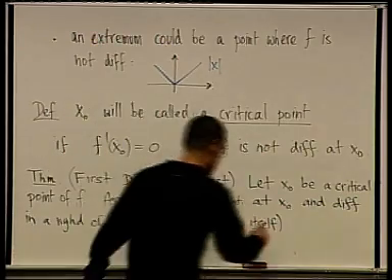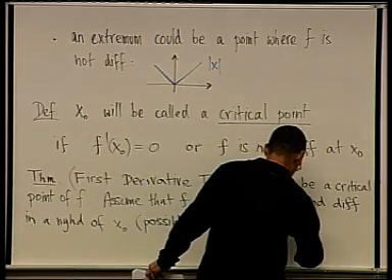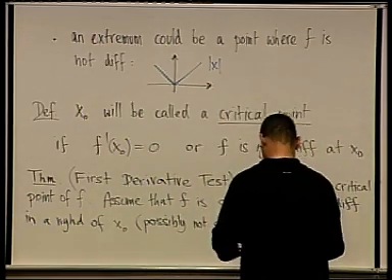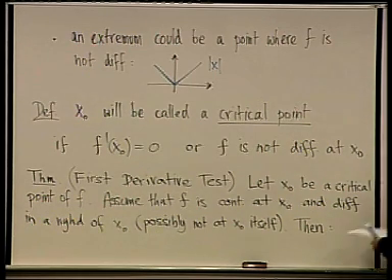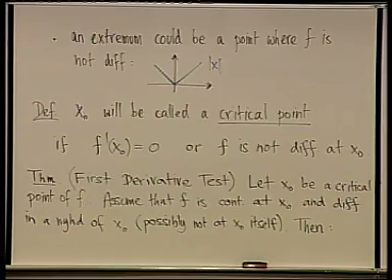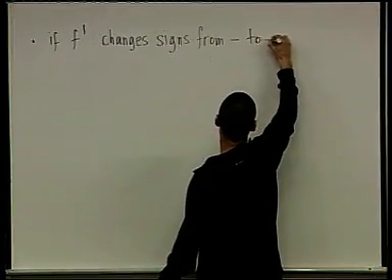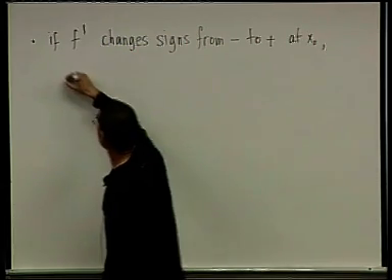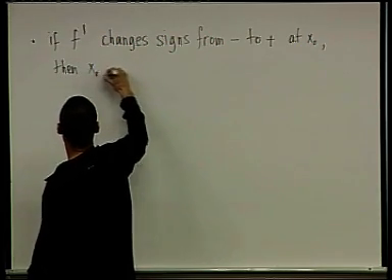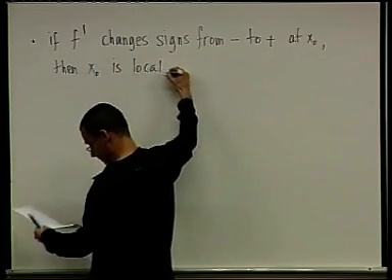But once we have all these assumptions, then, so I'll continue it here. If f prime, which we assume exists in a neighborhood of x0, changes signs from minus to plus at x0, then x0 is a local minimum.